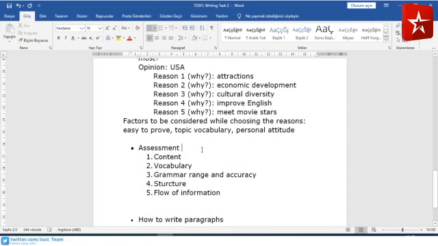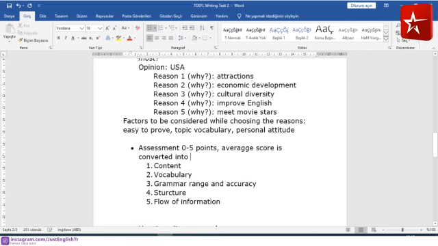So the points are from 0 to 5, okay? And then from 0 to 5 points, the evaluator will give you the point, and then the average score of task 1 and task 2 is converted into a 30-point system. Do you understand, guys?